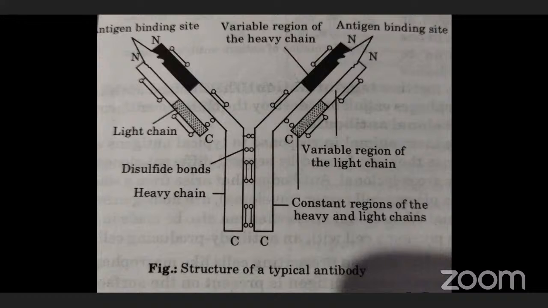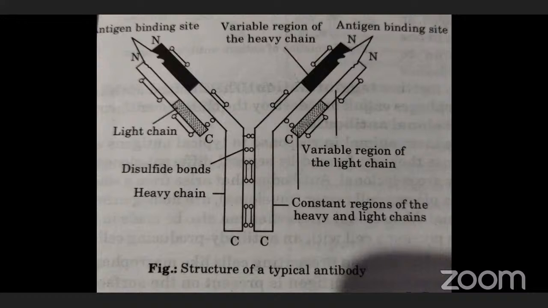Red blood corpuscles of ABO blood groups possess a common antigen, the H antigen, which is a precursor for the formation of A and B antigens. This is an example for red blood cells.